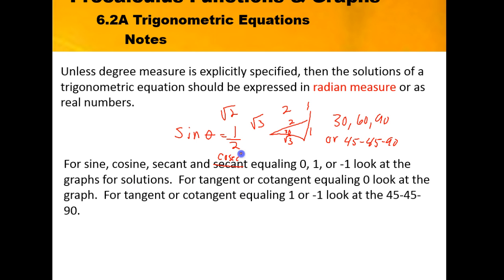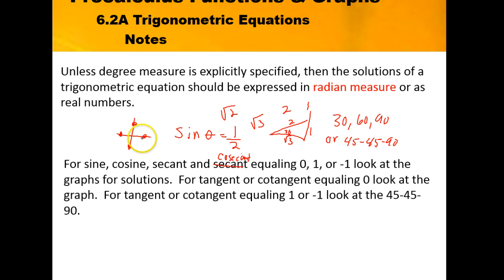Okay? But when I'm looking for sine, cosine, secant, and, oh, this should say cosecant, that's a mistake, cosecant equaling 0, 1, or -1, you're going to want to look at the graphs. You're not going to want to draw the triangles so much. The graphs are a better tool. Okay, so for instance, sine and cosine only equal 1 or 0 here when it falls on an axis, and that's a little harder to figure out what the values are at those points.